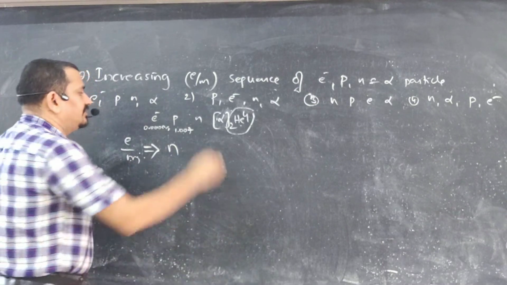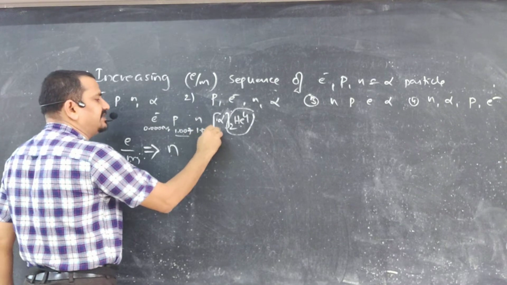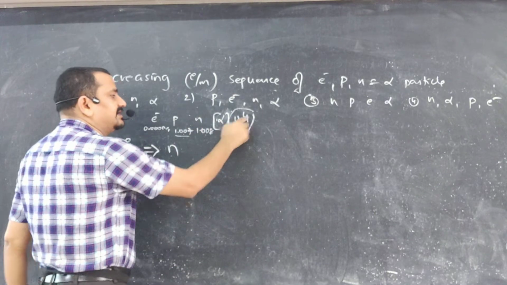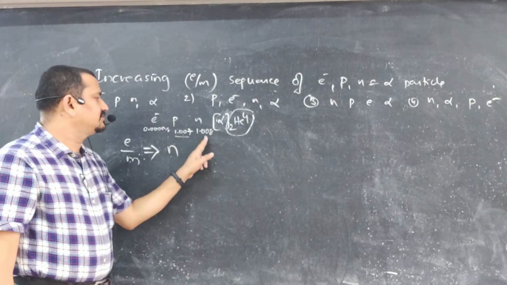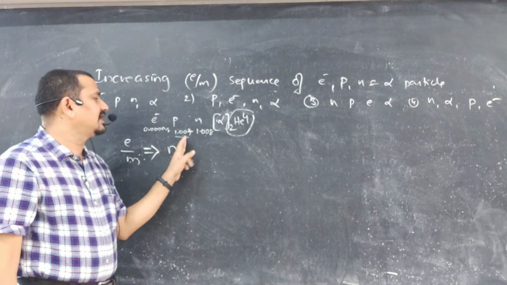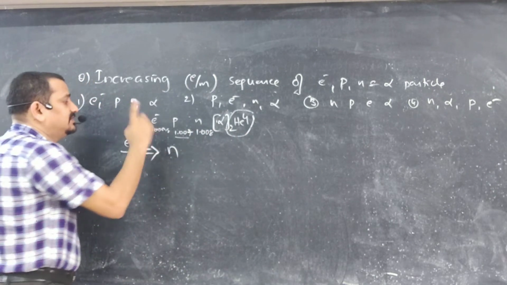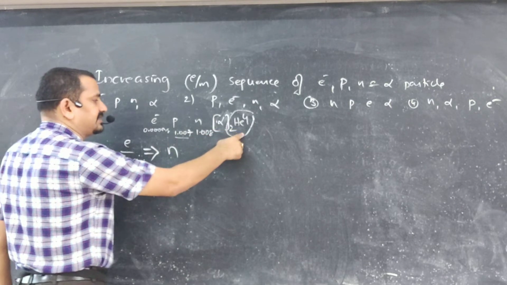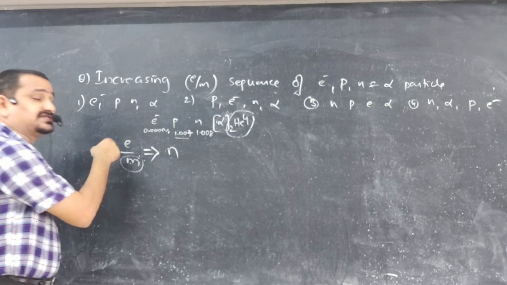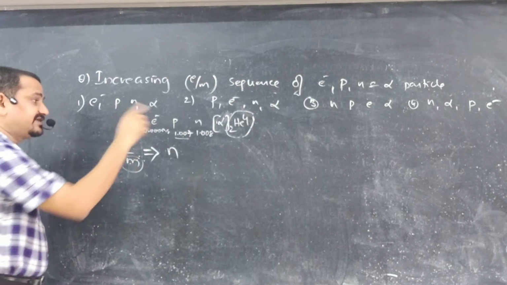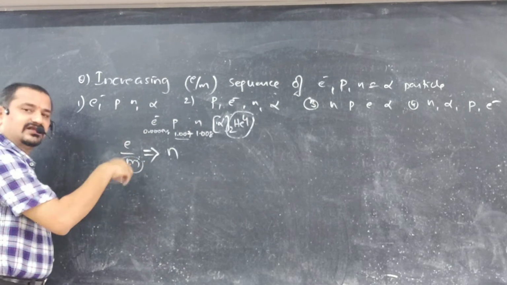Now, neutron mass is 1.008, and when it comes to alpha particle, it is helium-2,4. Among electron, proton and alpha particle, whichever is heavier, its denominator will be more, so its e by m value will be less.